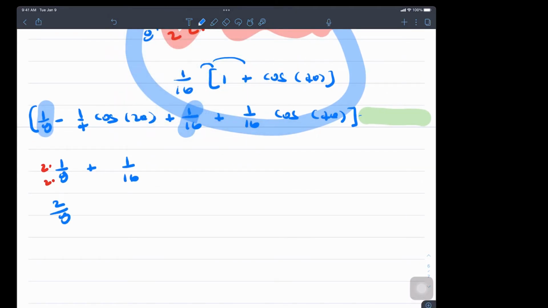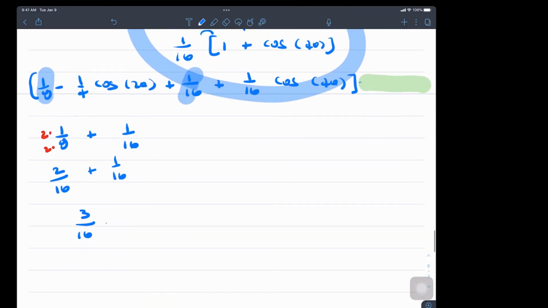So it's 2/16 plus 1/16. Is that 3/16? Yeah, 3/16 minus 1/4 cosine double theta plus 1/16 cosine 4 theta.